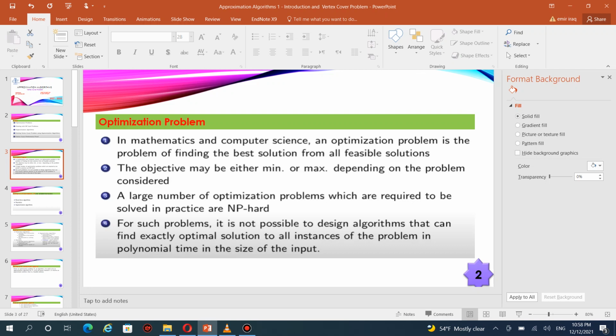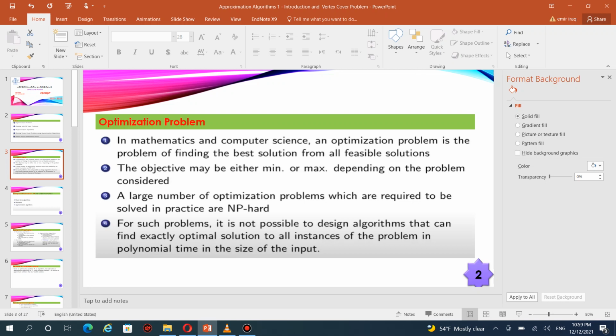It is impossible to design an algorithm to find the exact optimal solution for NP-hard problems in polynomial time. So it is important to understand how we deal with NP-hard problems.